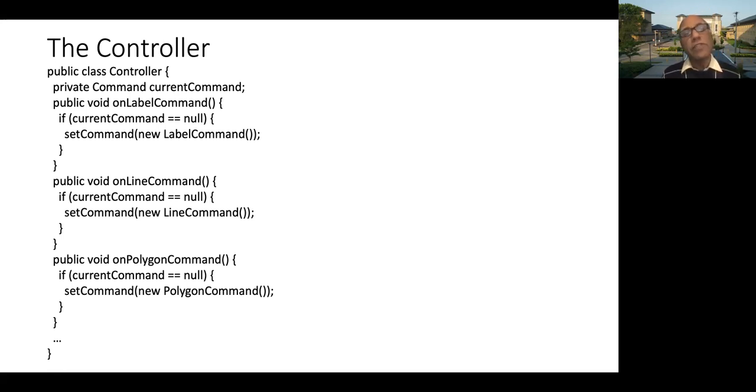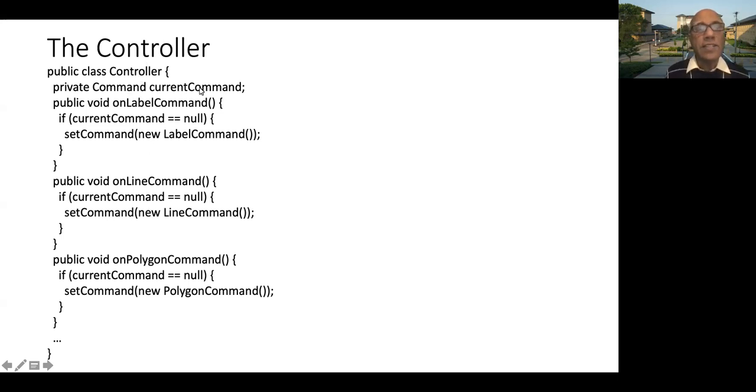The graphical user interface calls specific methods of the controller, like when a label is to be created, it calls on label command. When a line is to be created, it calls this method on line command or on polygon command, and so on and so forth. So the controller class has all these methods.